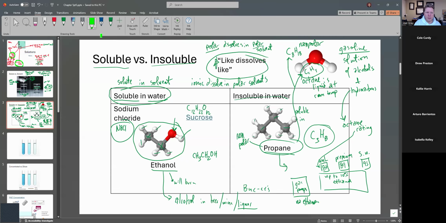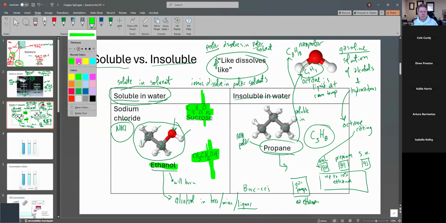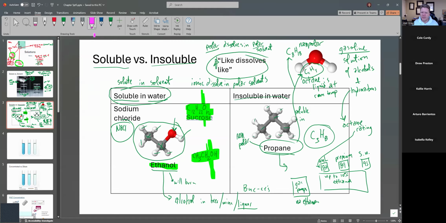So before we go on to the next slide, you might look at that and say, well, where do sucrose and ethanol fit in? Well, sucrose and ethanol, by having these oxygens right here and right here, are somewhat polar. So they're going to like to dissolve in something like water. Now you might say, but you were just talking about how ethanol is going to be found in gasoline.